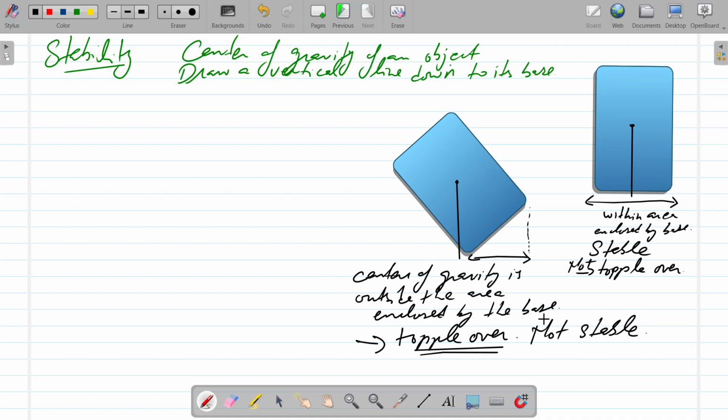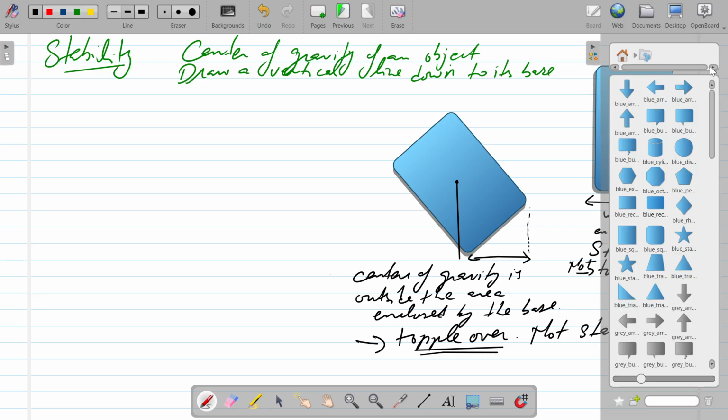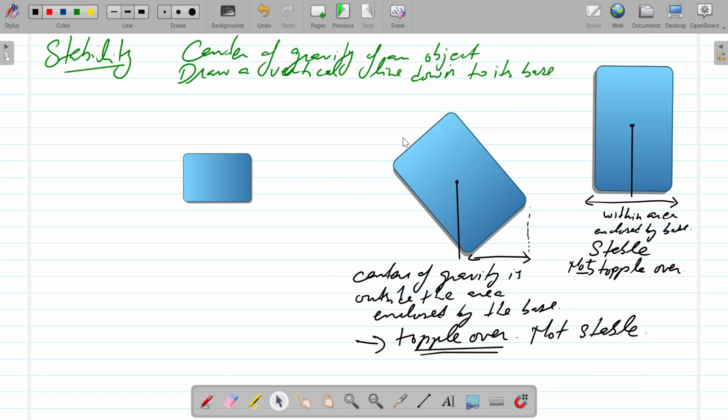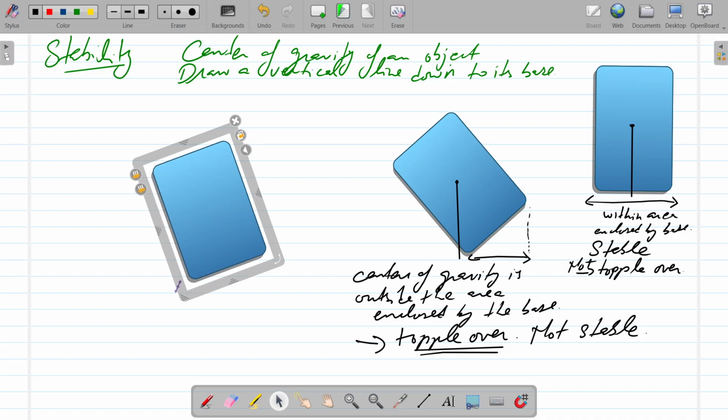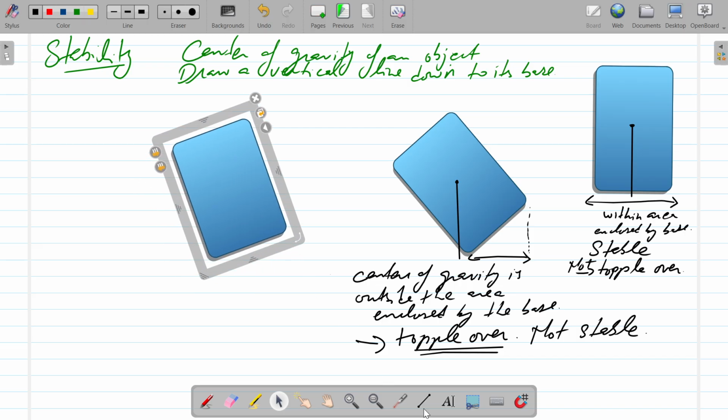That means that if you tilt an object to an extent that it is tilted, but it's still falling within the area of the base. Alright, so we need a third guy, slightly tilted, not as much, slightly bigger. Alright, and center here somewhere, vertical line down.